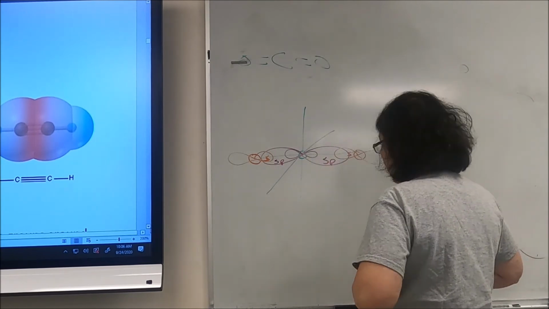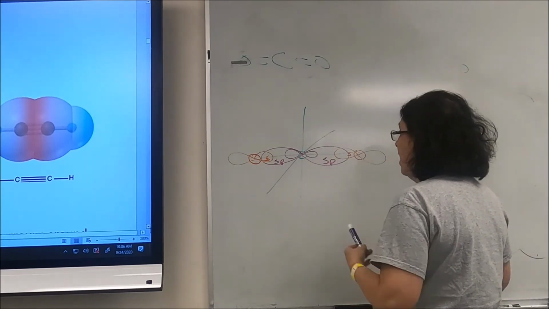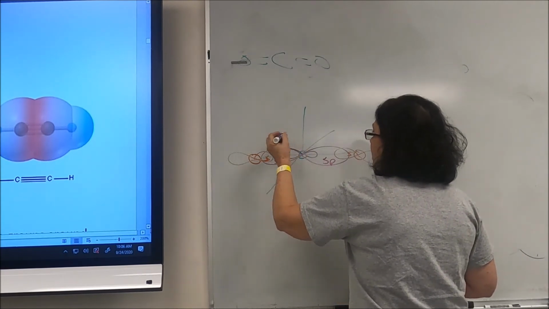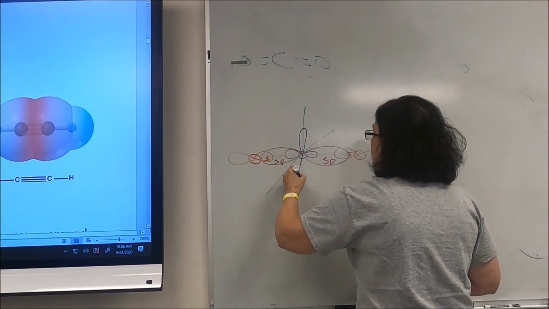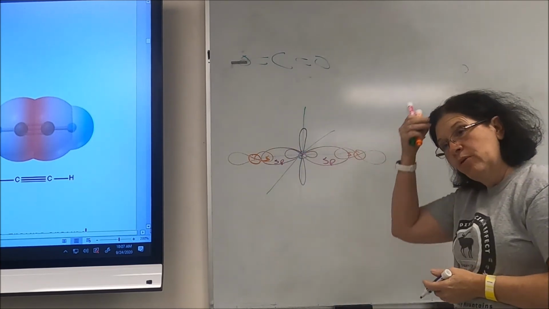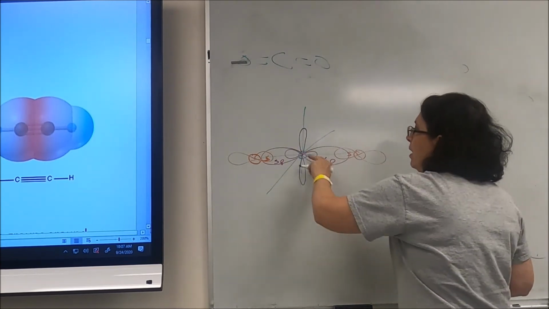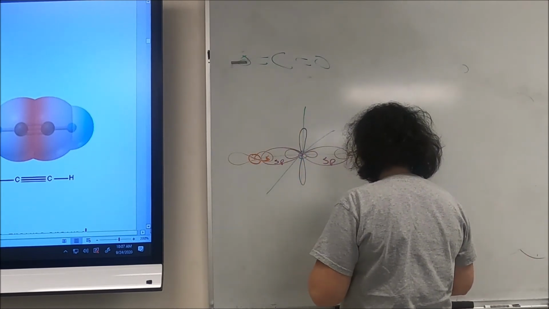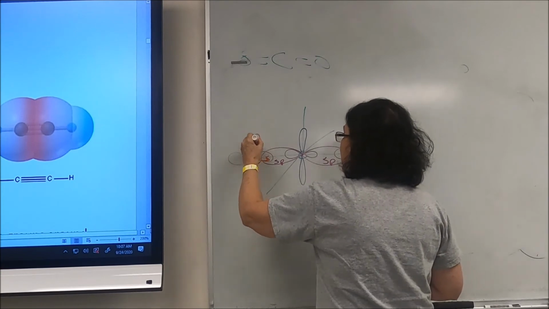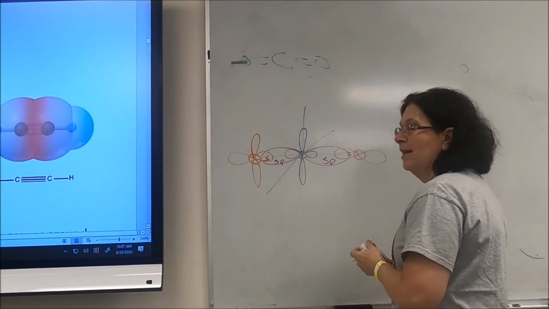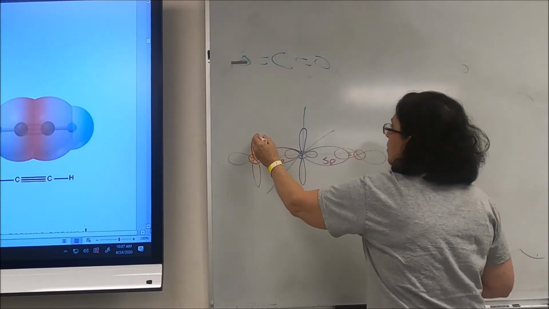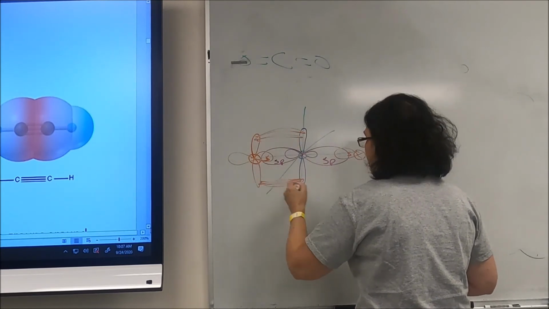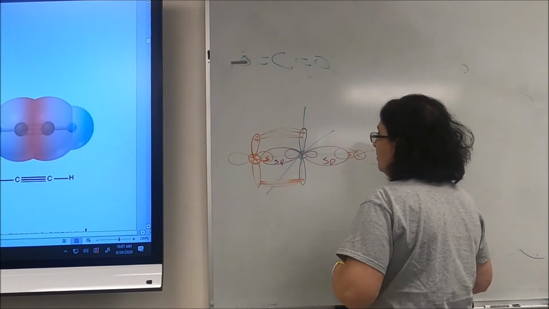Okay? Now, when it comes to the second bond between a carbon and an oxygen, well, there's a p orbital sitting there, okay? And there is a p orbital sitting here. Now, I've drawn mine a little far apart, but what happens is that these guys connect up.